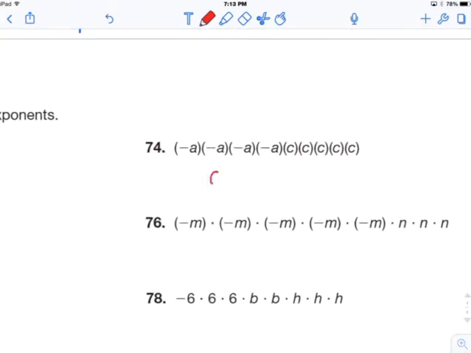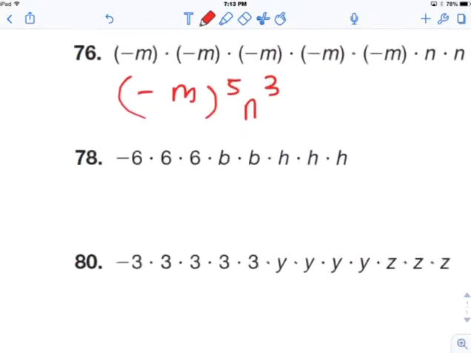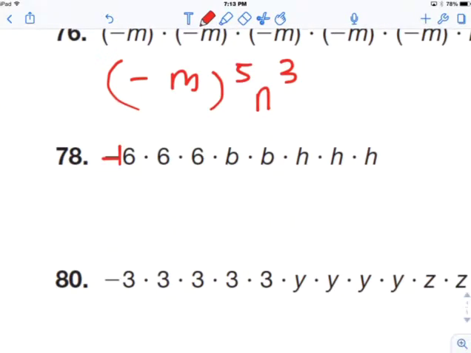And then everything else, there's an example for you. This is negative a to the 4th power and c to the 5th power. Negative m to the 1, 2, 3, 4, 5th power, n to the 3rd power. This is because that's a negative 1, right? So that's negative 1. 6 to the 3rd power, b to the 2nd power, h to the 3rd power.